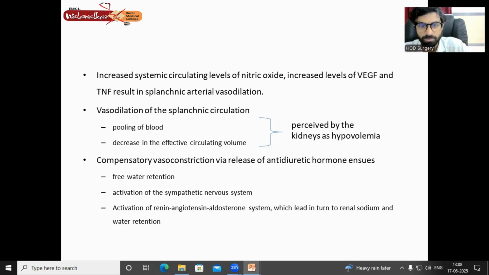And there is compensatory vasoconstriction, which occurs due to release of ADH, antidiuretic hormone, which in turn causes free water retention. It causes activation of the sympathetic nervous system and activation of the RAS, which leads to sodium and water retention.